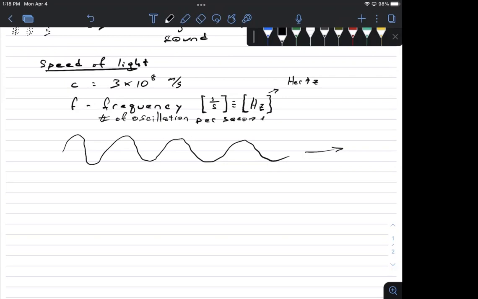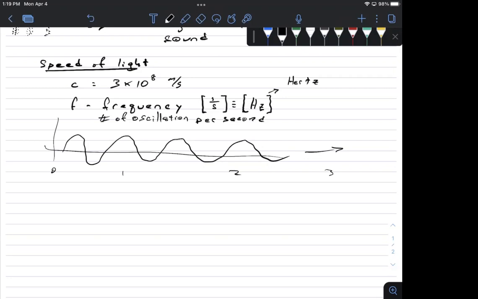Because number of oscillations, well, number is not a thing. So there's no unit for number of oscillations. So that's why it's 1/seconds instead of, like, meters over seconds. Number of oscillations per second, that's a hertz. And so if you have this wave, you say, okay, here's 0 seconds, 1 second, 2 seconds, 3 seconds, like this.